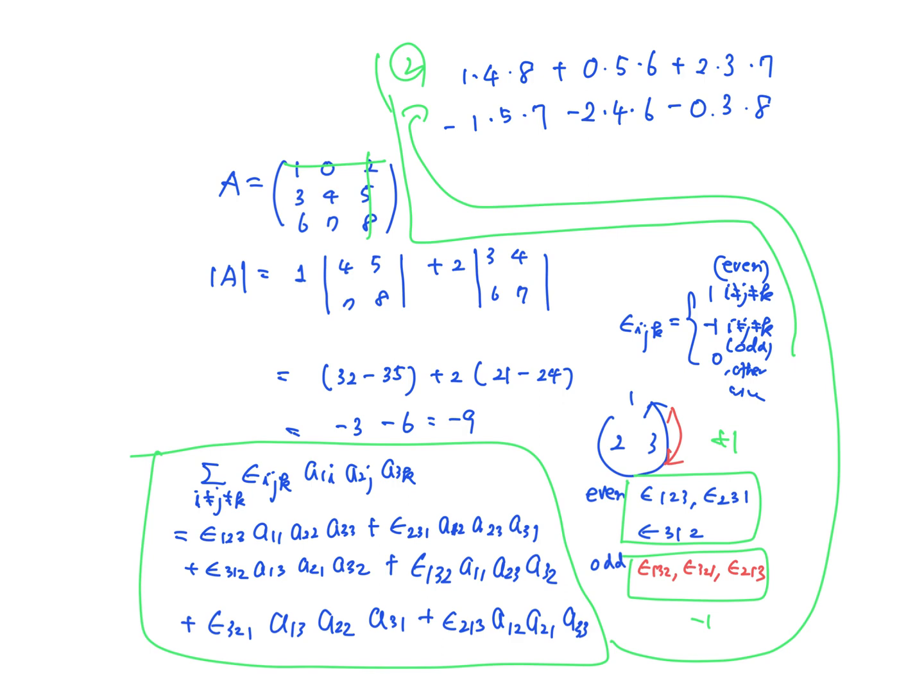So let's check. 32 plus 42 minus 35 minus 48 equal to minus 9, right?